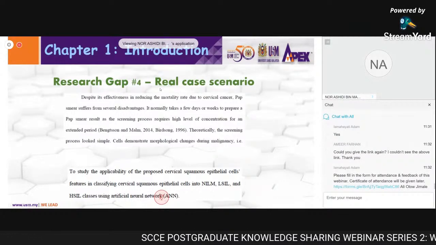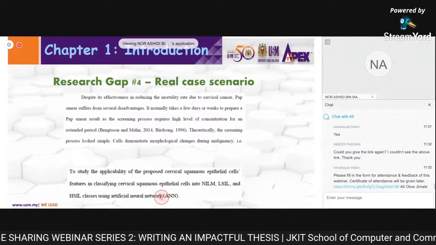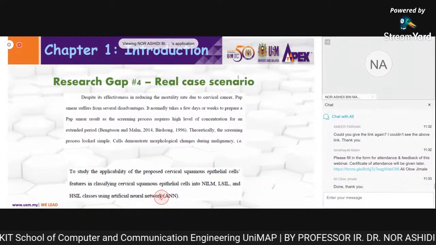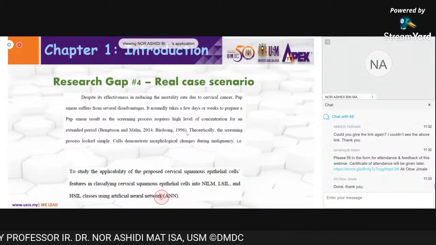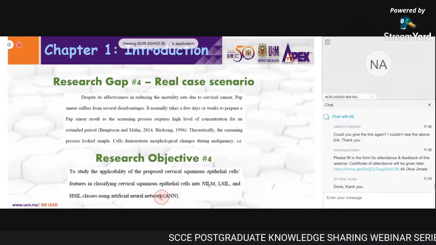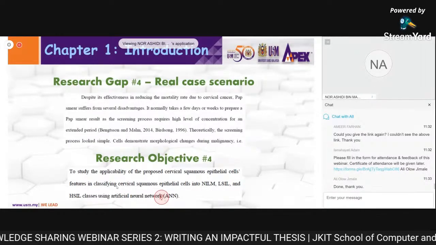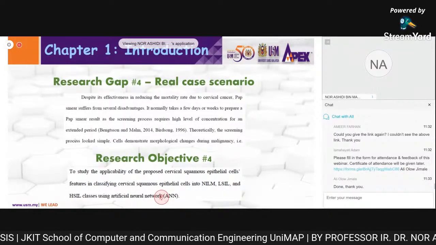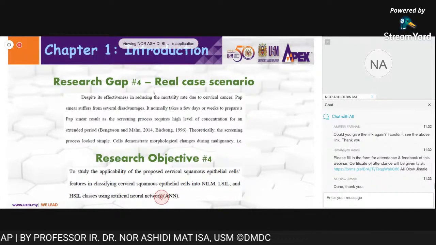Although we were specific for the specific research gaps, at the end of the day, she managed to combine everything, and she managed to answer the real case scenario, which is we try to have neural network techniques to differentiate between normal, low C and high C based on those features extracted from the chromatic pattern and also membrane irregularity. So this is actually the additional objective, which covers the real case scenario.